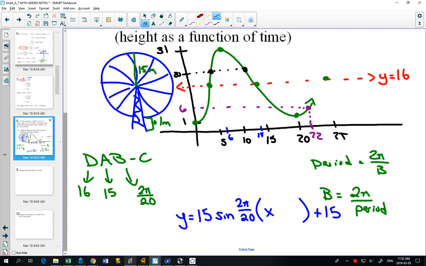Where does a sine graph start? In the middle, going up. Where do we have in the middle going up? Right there. What kind of shift is that? 5 units to the right. So if I chose a sine graph, I would choose x minus 5.